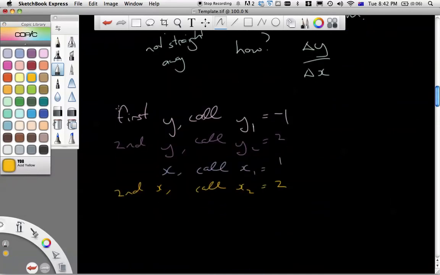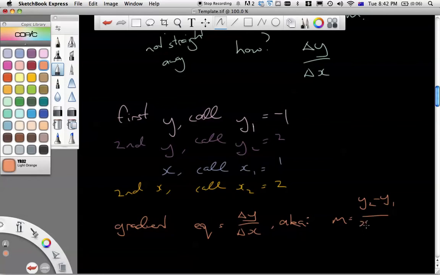Now, there's a couple of different ways to think about this, but I guess one way is to say gradient equals change in y over change in x, right? AKA gradient equals y2 minus y1 over x2 minus x1.